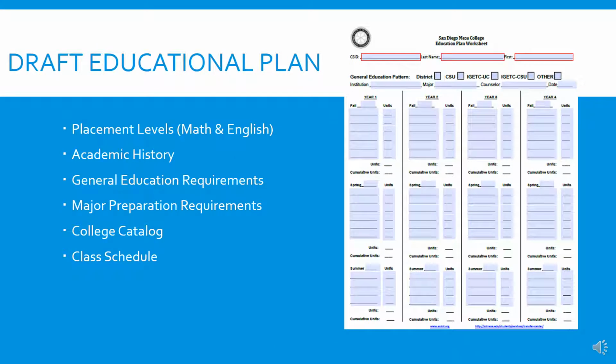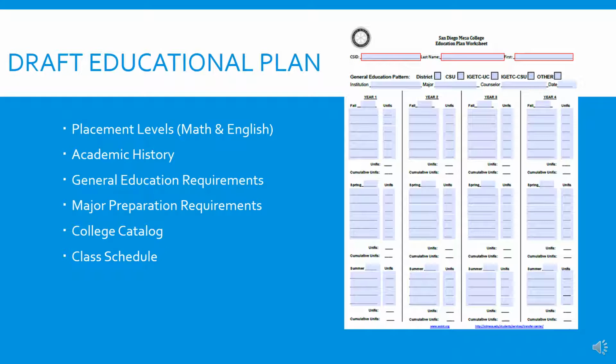Whether you are planning to transfer or complete an associate's degree, when you prepare to draft your educational plan, it is important that you know your placement levels in math and English. You know your academic history, what courses you've already completed. You're aware of the general education pattern that you're going to complete, and you are aware of your major preparation requirements.